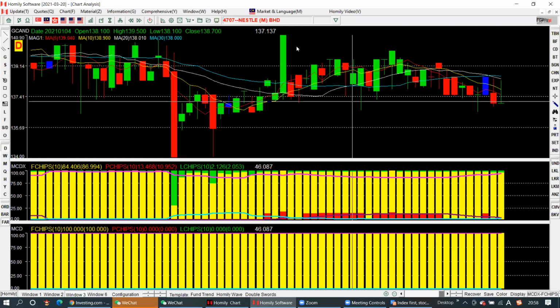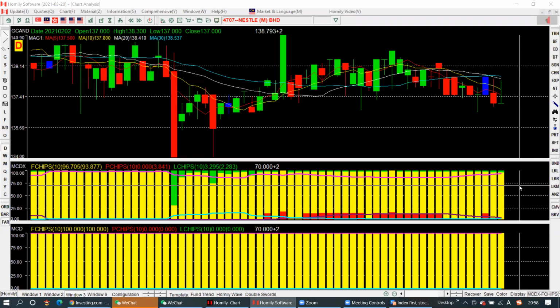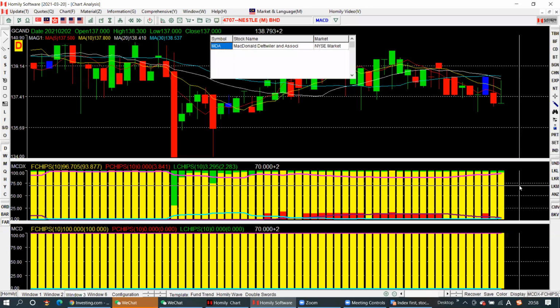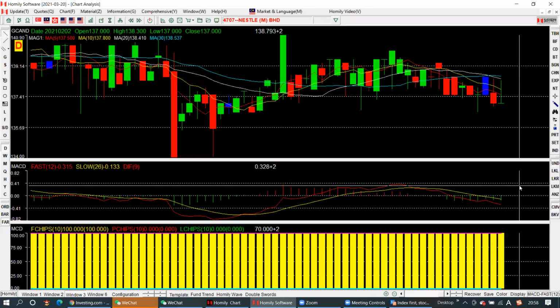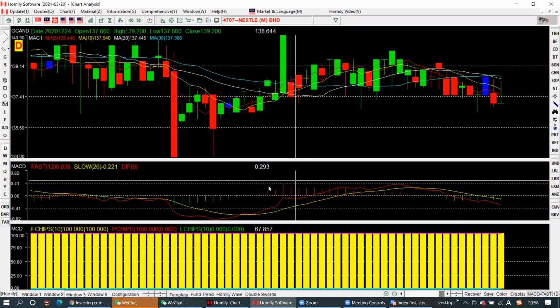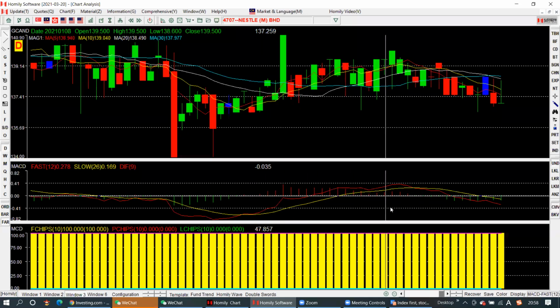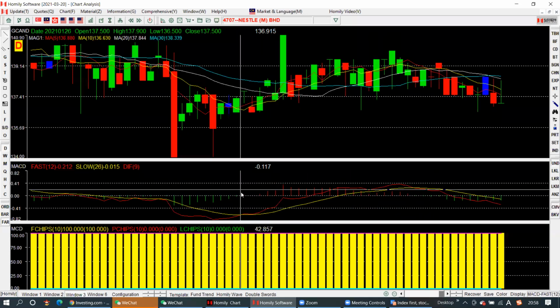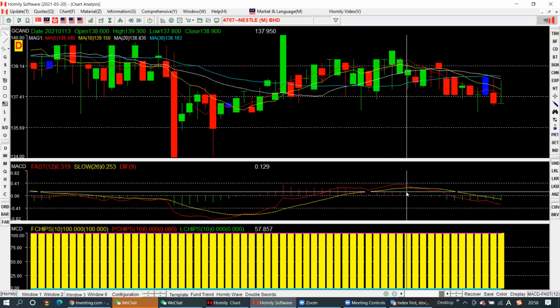MACD, get a solution, later you go and study yourself. MACD, you can see this one is our energy bar, this red color and the green color. The red color means positive.